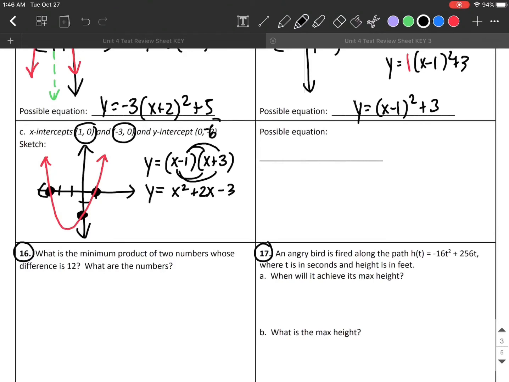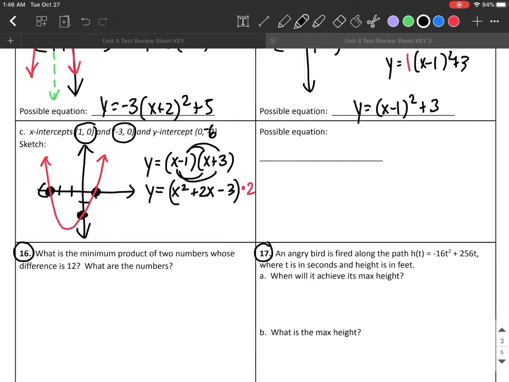And this does not give me a y-intercept of negative 6. If I plug in 0 here, I'm going to get a y-intercept of negative 3. So I want to change that negative 3 to be negative 6, and the way that I do that is I multiply by positive 2.